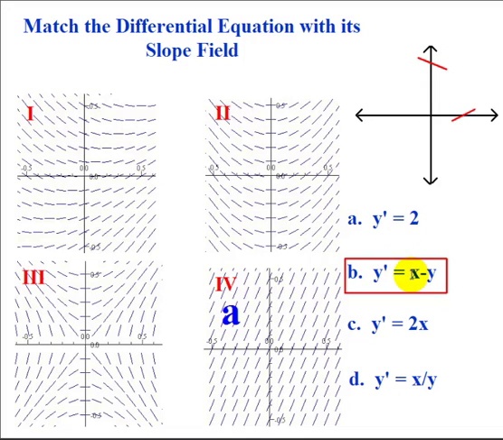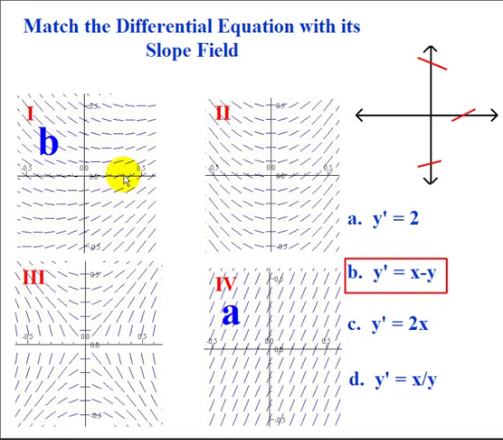Next, if x is positive and y is 0, then y prime will be a positive minus 0, or positive, and I draw a little slope line with a positive slope. And then finally, if y is negative and x is 0, we get a positive slope, and then we can see that this graph, number 1, has a negative slope on the positive y-axis.